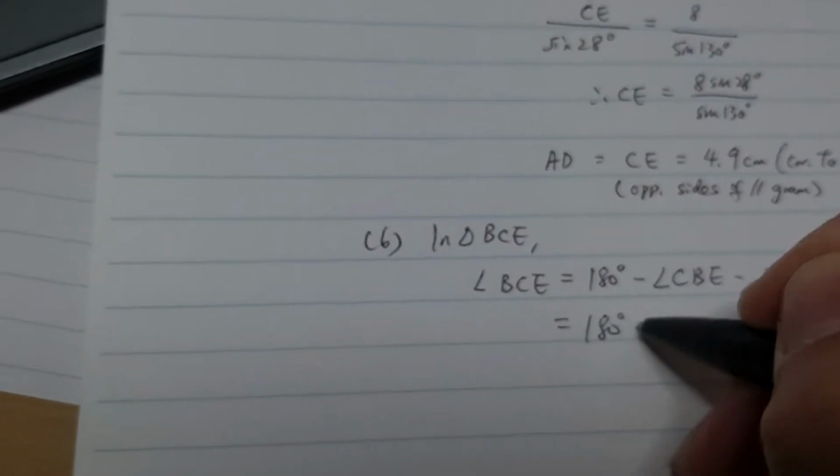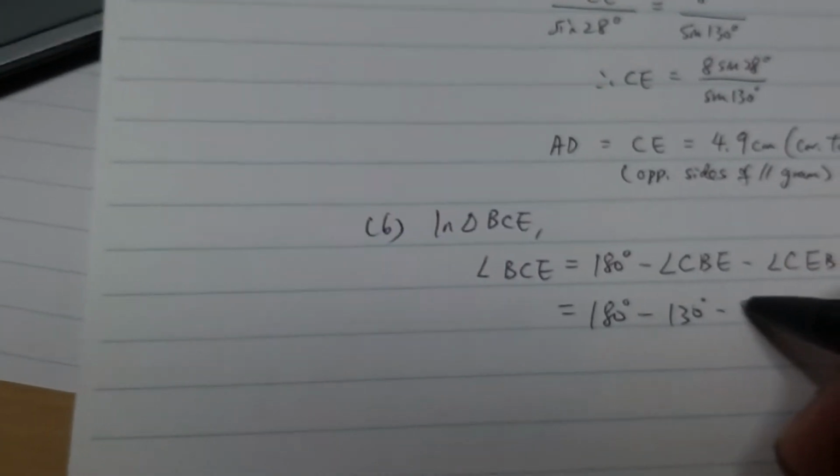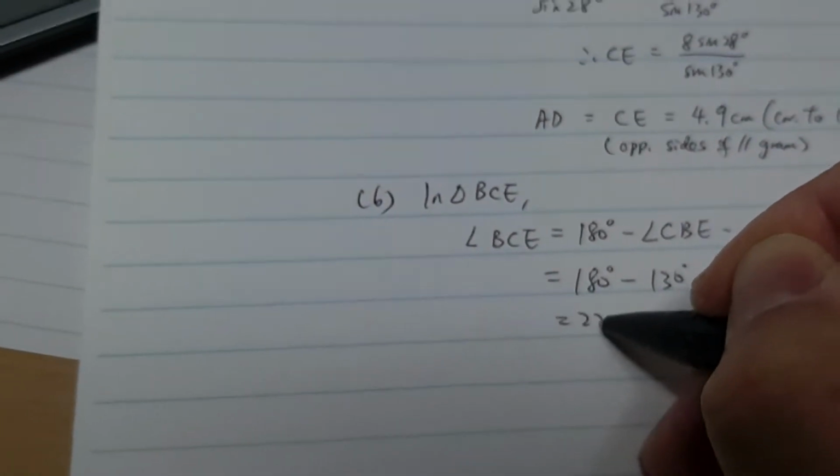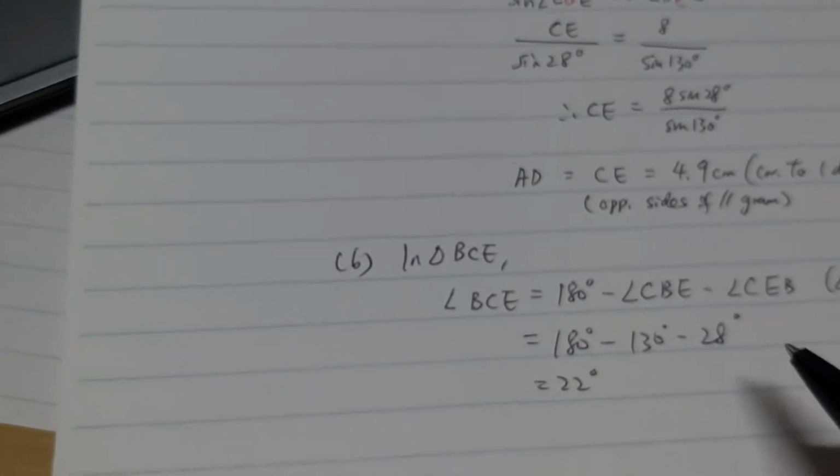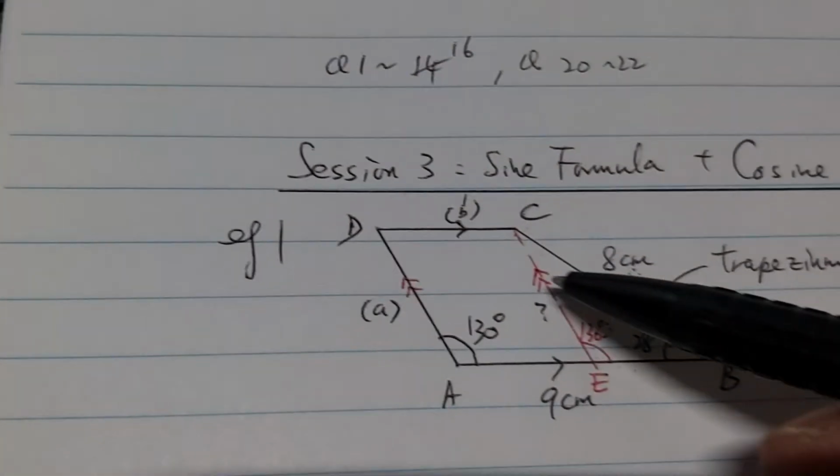So 180 degrees minus 130 degrees minus 38 degrees, the answer is 32 degrees. So this angle is 32 degrees.